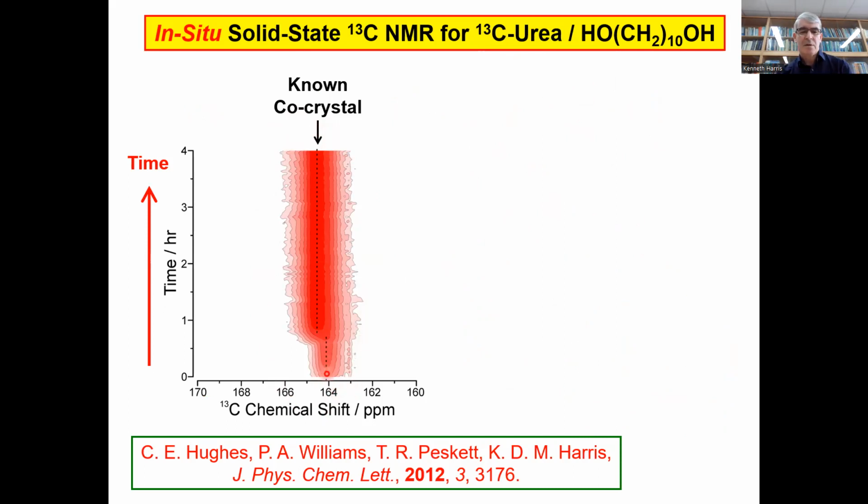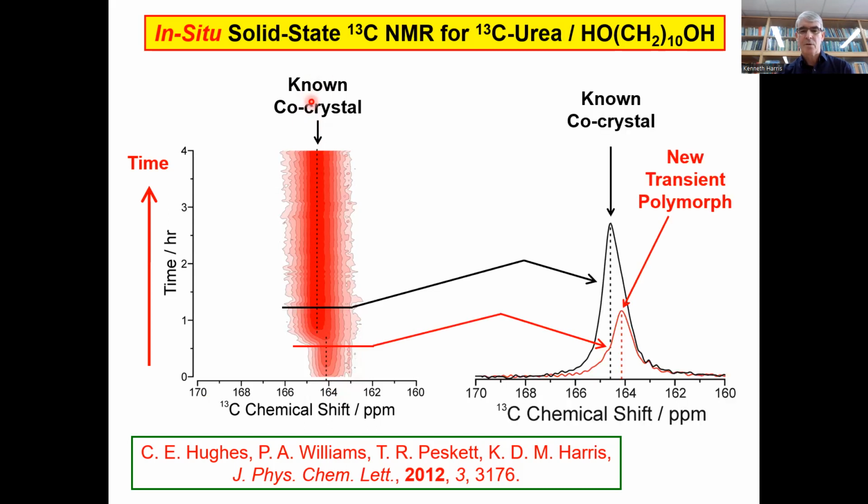What we can see here is initially we have a single peak for urea at this position, and then after about 40 minutes or so in this experiment, we see a very sudden change to a peak in this position, which is characteristic of the known co-crystal. And just to look at the 2 individual spectra, so in black is the final known co-crystal, but what we can see is a transient polymorph or a transient solid form here with a very different chemical shift for urea.